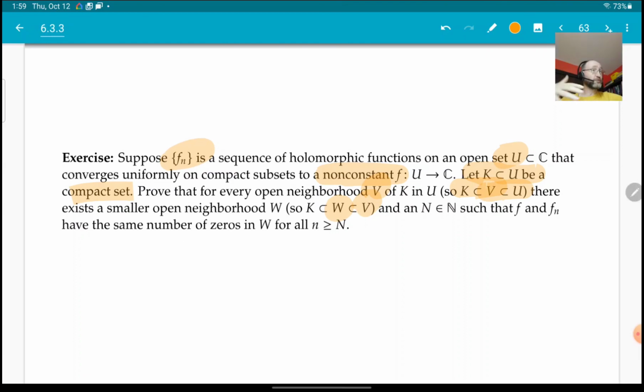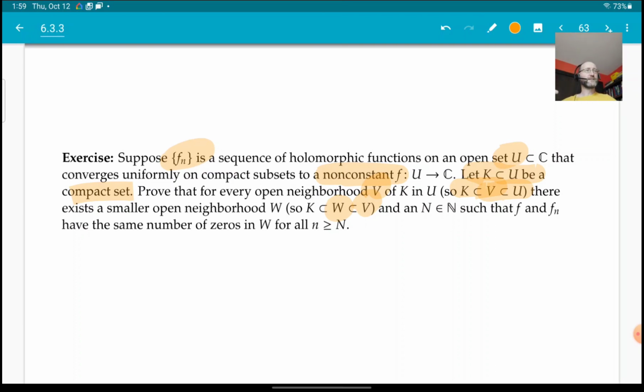So W is of course going to depend on V. And then what you get is that f and f_n, for n large enough, are going to have the same number of zeros in W. And because we're saying non-constant, f is not identically zero. So that's an application of the lemma.